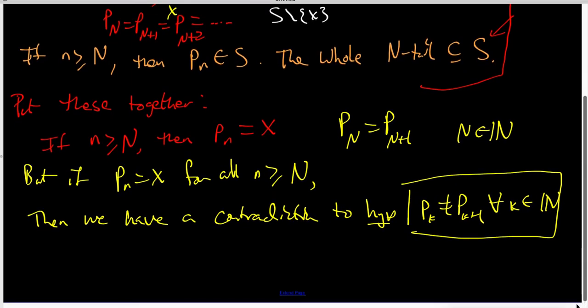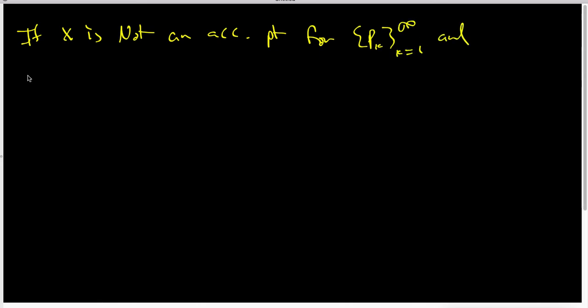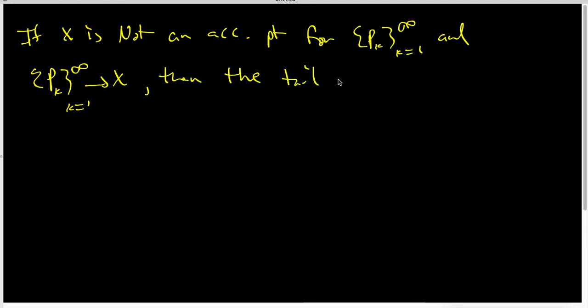In other words, what we have is this. If X is not an accumulation point for this sequence, the pKs, and the pKs do converge to X, then it turns out the tail of the sequence is going to be constant.